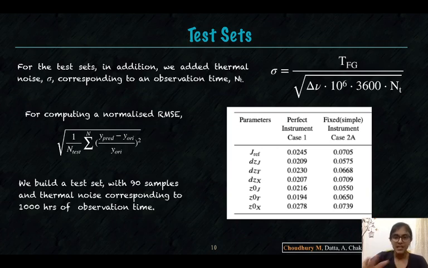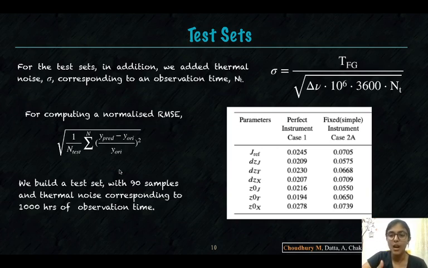Once training, testing, and everything is done, we construct the test sets in which we add a thermal noise corresponding to an observation time nt given by this, and we get the predictions for each of the parameters from a set of around 90 samples which we have generated in the test set. So we compute a normalized RMSE, which is used as a metric.